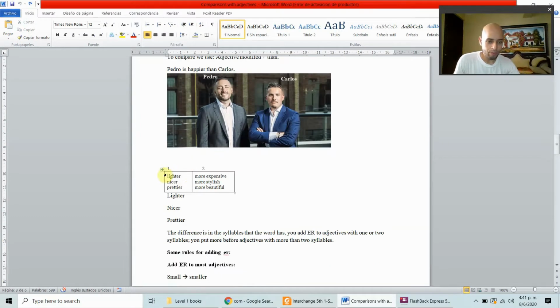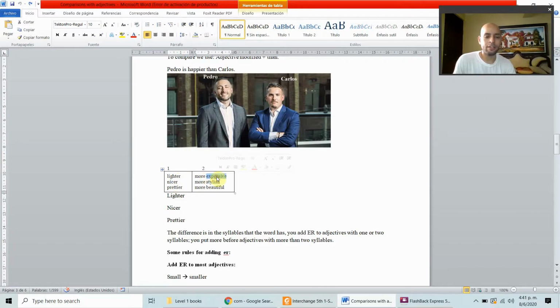So we see some adjectives here. Modified, lighter, nicer, and prettier. These adjectives are referring to light, nice, and pretty. And these are more than modified.